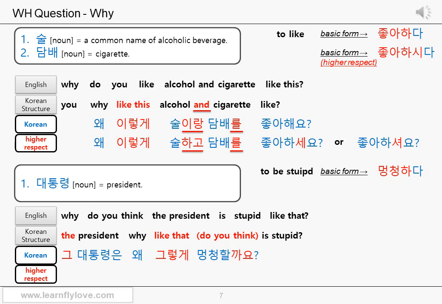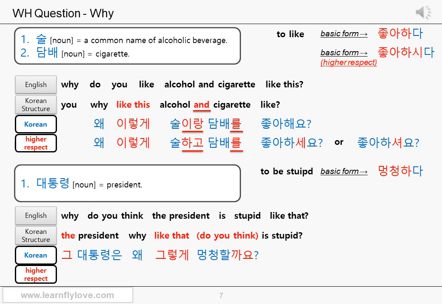We just need to change the verb. 왜 이렇게 술이랑 담배를 좋아하세요? Or 좋아하셔요? 왜 이렇게 술이랑 담배를 좋아하셔요? Or 왜 이렇게 술이랑 담배를 좋아하세요? With the 세 sound, more natural in a real life conversation.